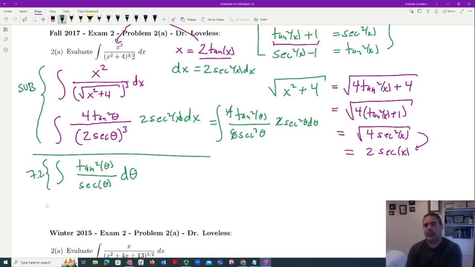Now, looking at it, I think both those options are pretty good. If you turn everything into sine and cosine, that's okay. But I'm really tempted to use an identity because I have that tangent squared on top. So this is the challenge sometimes of these. Tangent squared is secant squared of x minus 1.